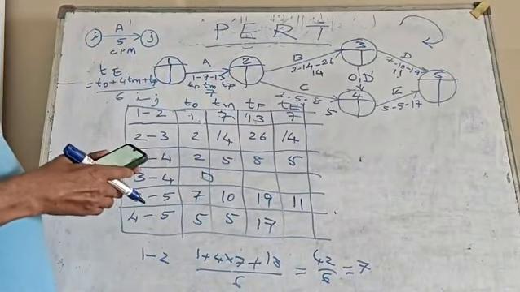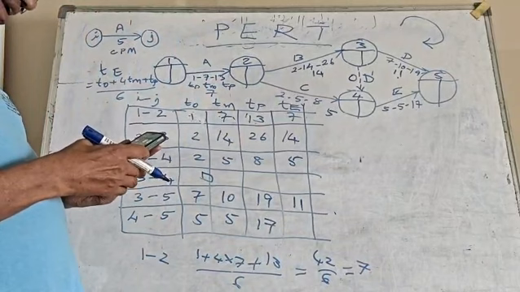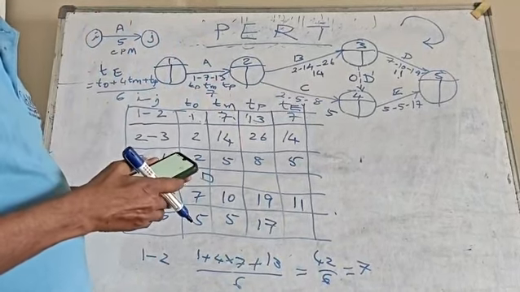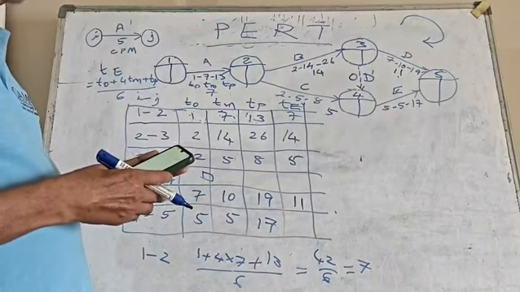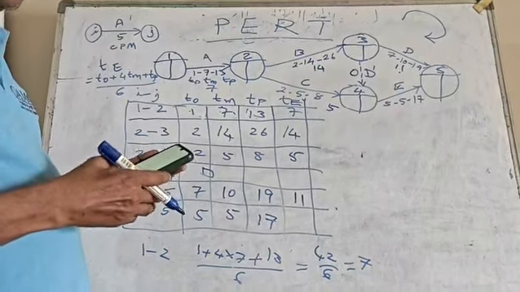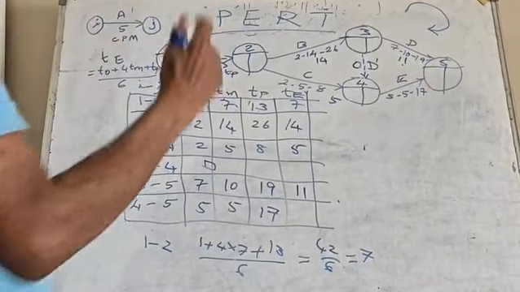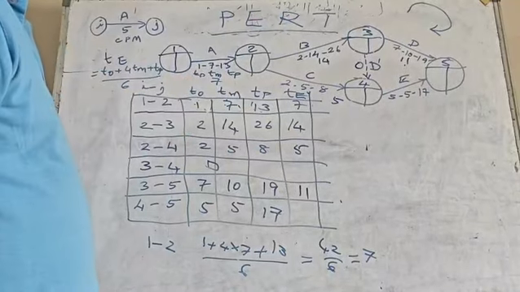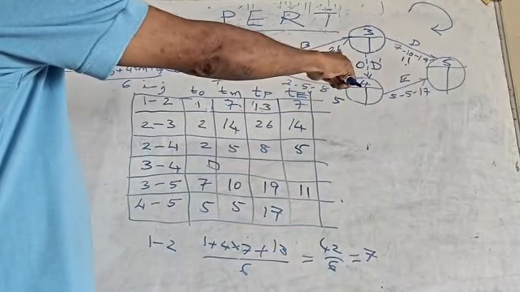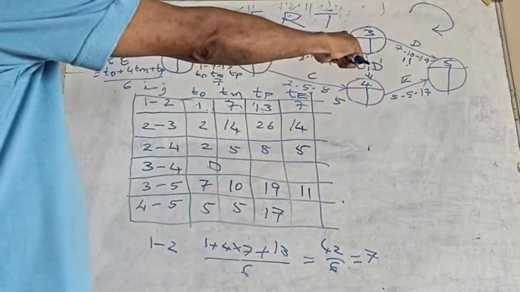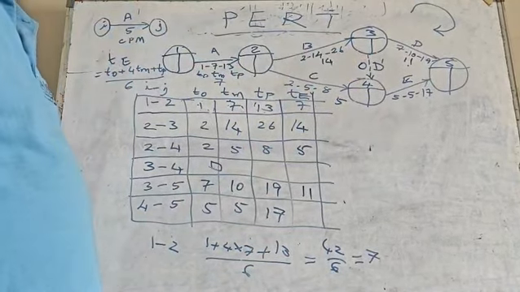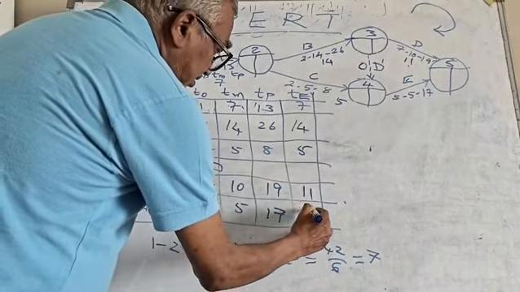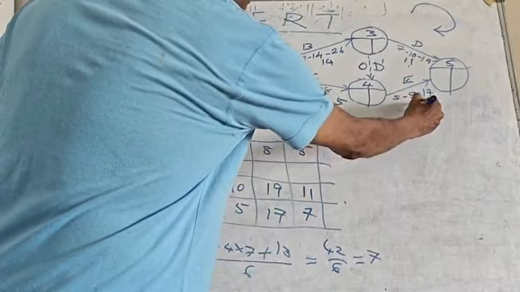The last one, 4, 5: 4 fives are 20, 20 plus 17 is 37, 37 plus 5 is 42. So that will become 7.